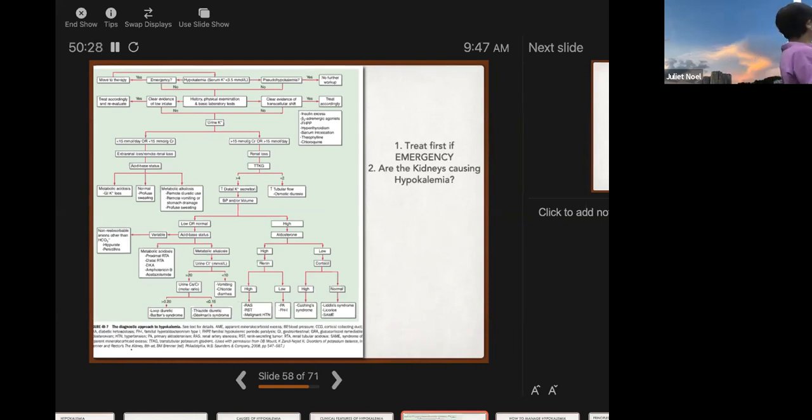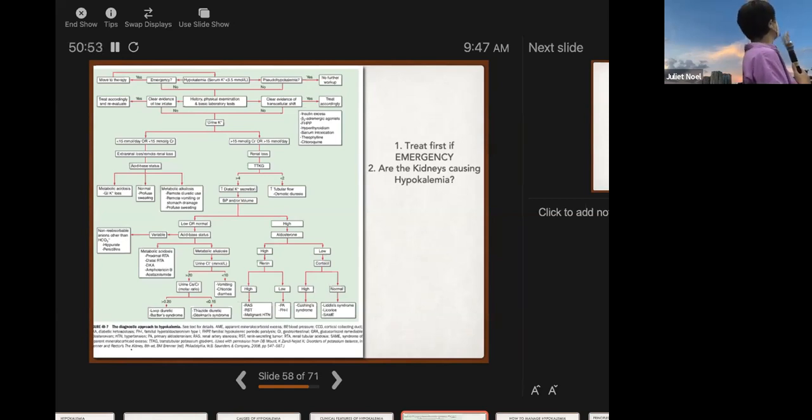So in patients with normal BP, you check now the acid-base status, the ABG. If it is acidosis, then you would think of RTA. So you have hypokalemia. Usually, we tell you that in acidosis, you will shift your potassium out of the cell. But in renal tubular acidosis, you would have hypokalemia. Okay?